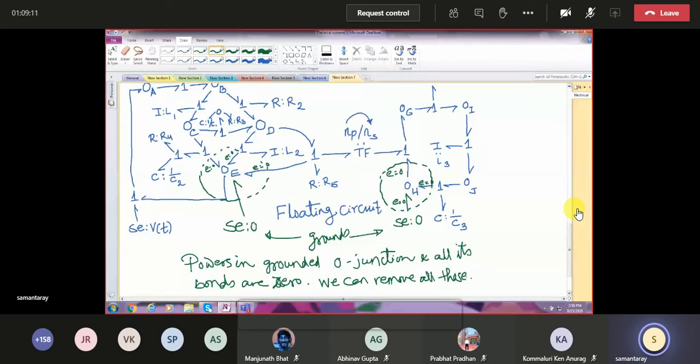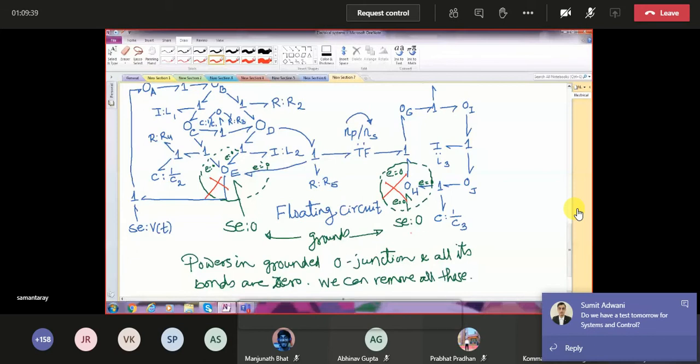So we will remove it. This part will be removed. Those will be removed. What else?